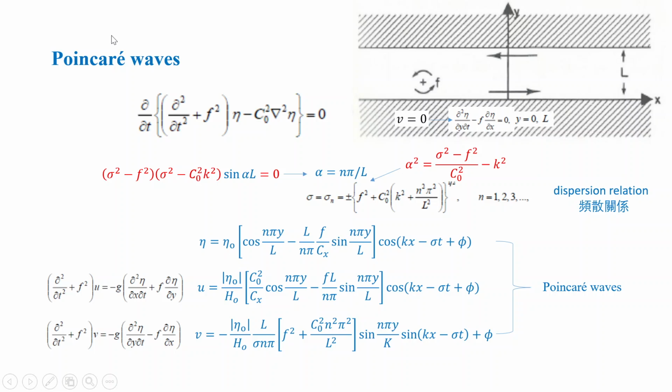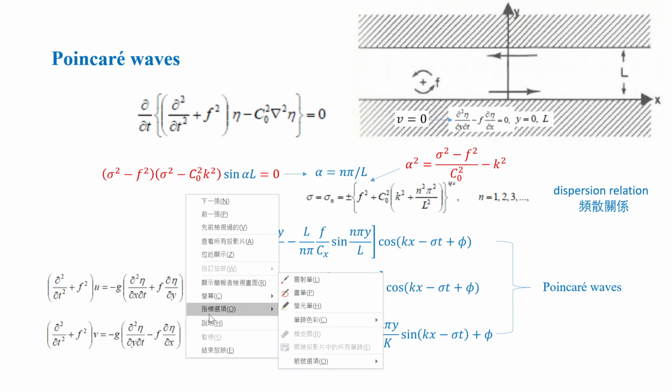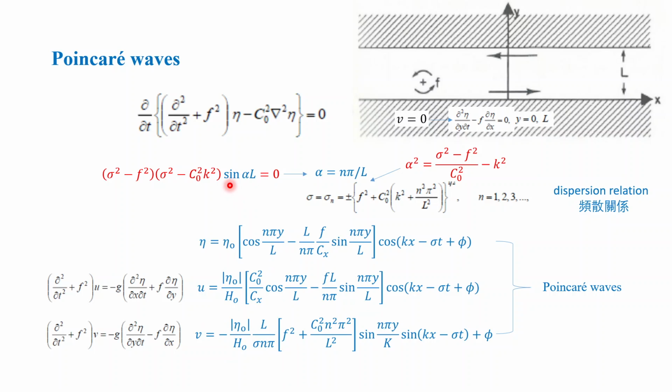First, for the Poincare waves, or the inertial gravity wave in the presence of the wall in the southern and northern boundaries. From this dispersion relation, if you take sine alpha L to be 0, then that means alpha has to be an integer n pi over L. We know that alpha is a parameter derived from this differential equation.